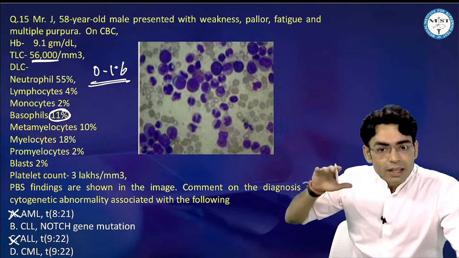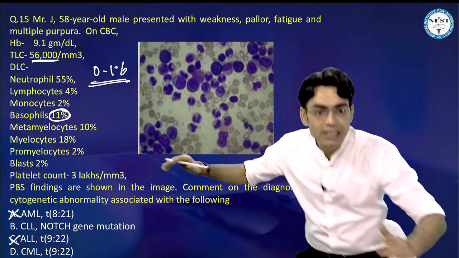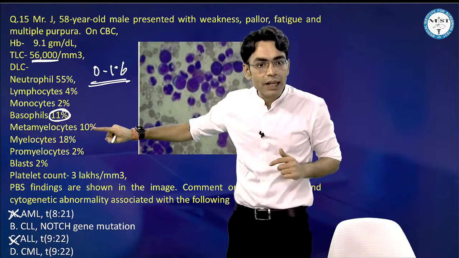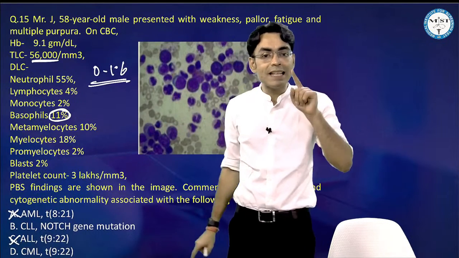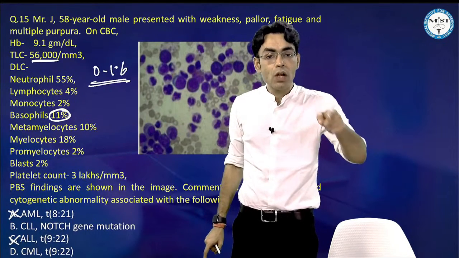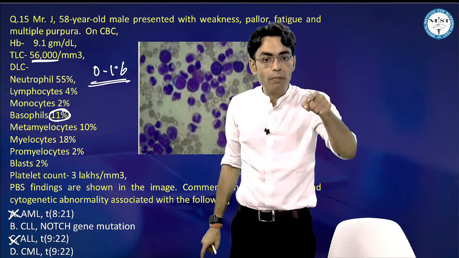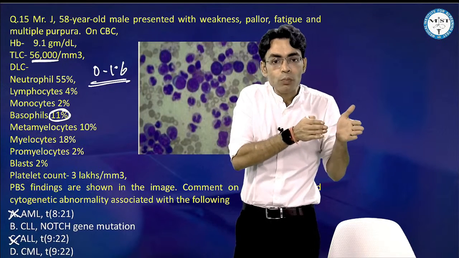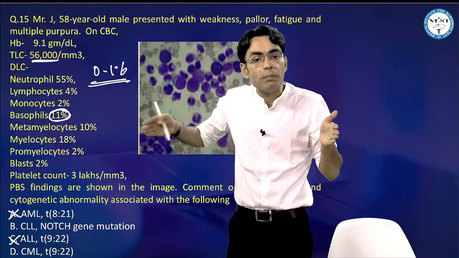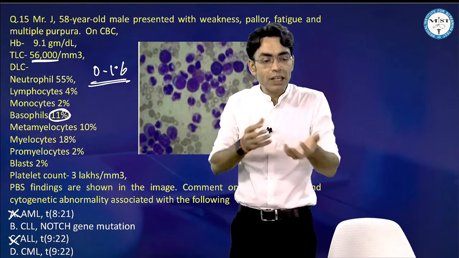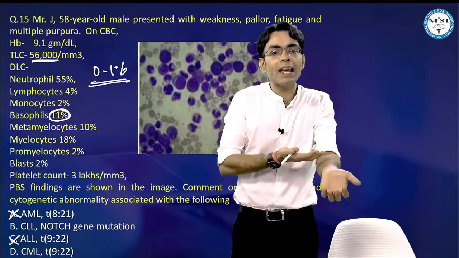Okay? If you are still getting confused, these metamyelocytes, myelocytes, promyelocytes are your normal cells which are there in your bone marrow when the hematopoietic stem cell is making a normal WBC. So basically your cells which should be in the bone marrow are coming in the blood.